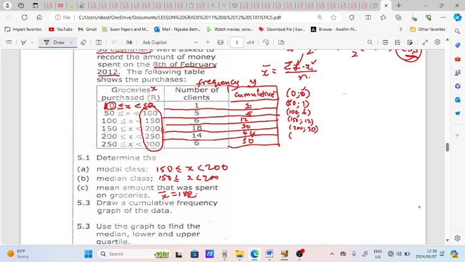The next one, 250 and 44. The last one, 300 and 50. Now we have all the coordinates.